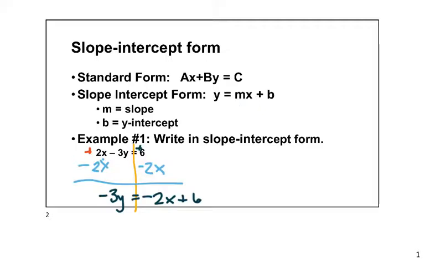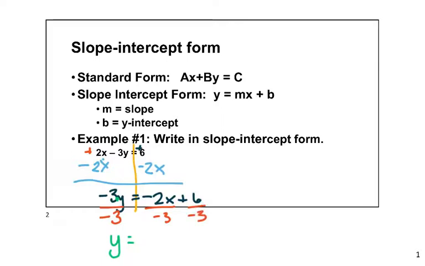All right. So then the next piece is the fact that negative 3 is being multiplied by y, because again, we're trying to get y all by itself. So if that 3 is there, it's preventing it from being just a y. So I'm going to take the fact that that's multiplying by 3 and now divide by 3. The problem with that is that you must divide every piece, every term over here by negative 3 as well.